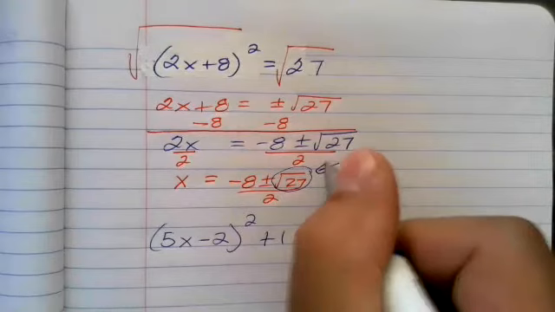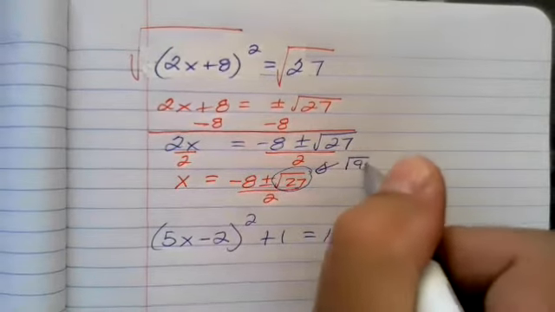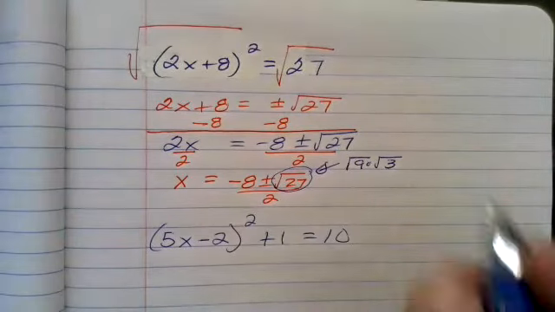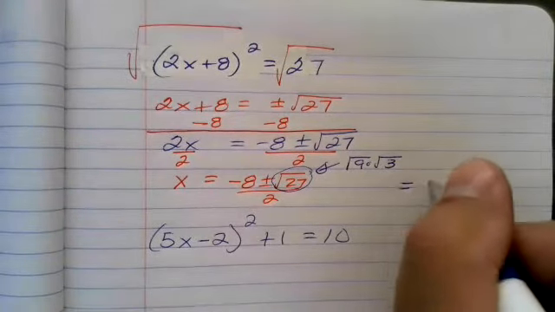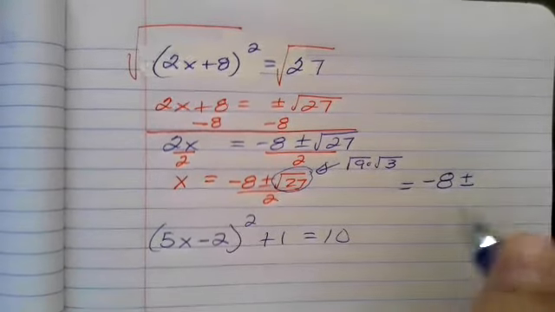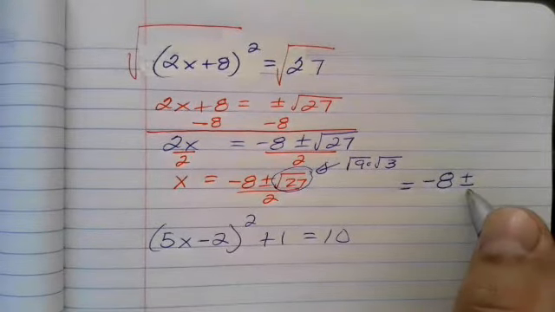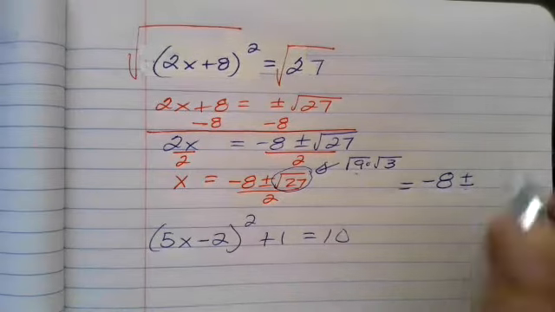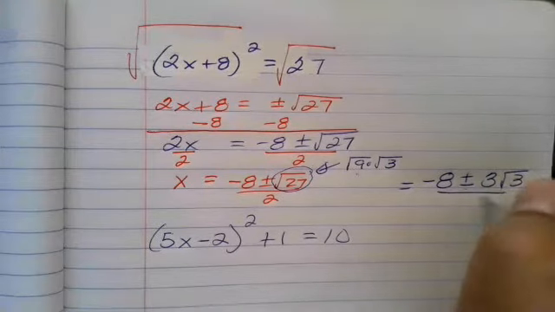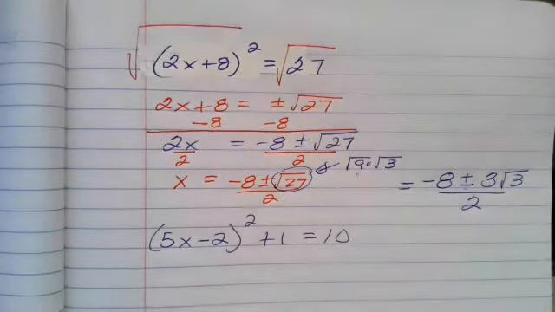I know rad 27 is really rad 9 times rad 3. So really my final answer in simplest radical form is going to be negative 8 plus or minus square root of 9 is 3, rad 3 over 2.